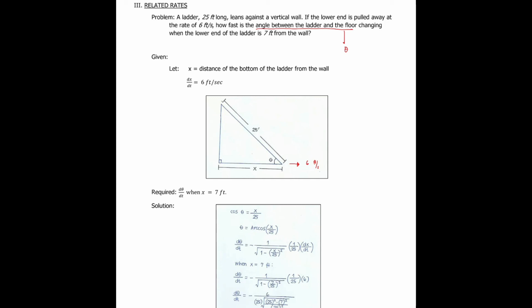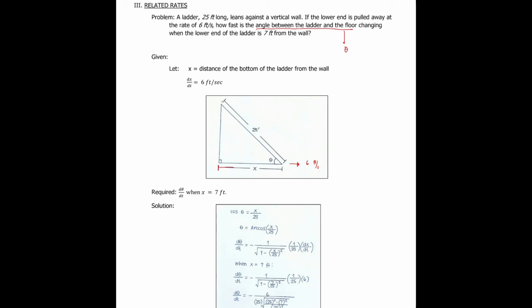How fast is the angle between the ladder and the floor changing when the lower end of the ladder is 7 feet from the wall? So at a specific position of the ladder, we get the rate of change of the angle.